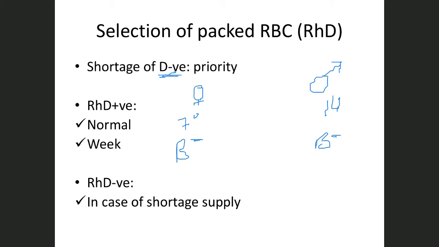In the inventory I have only one B negative and also one B positive. Which one has the priority to get the B negative? What's your opinion? Excellent. Why did you choose that?